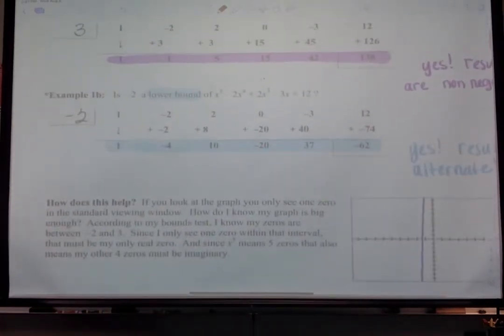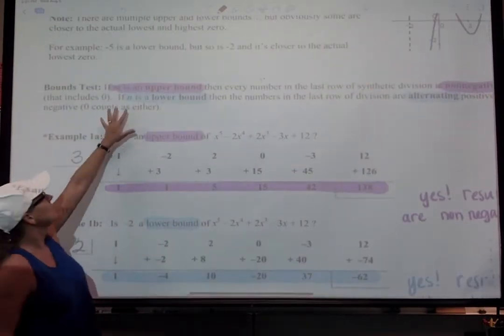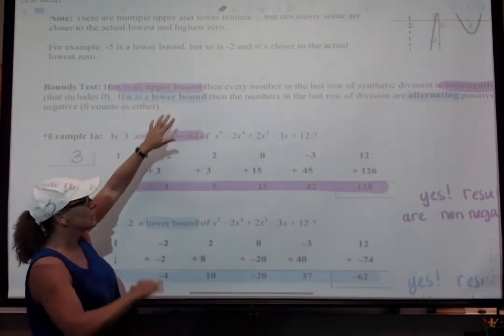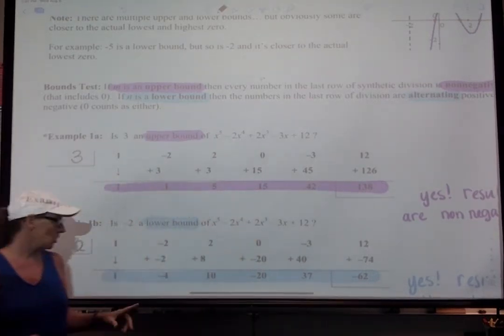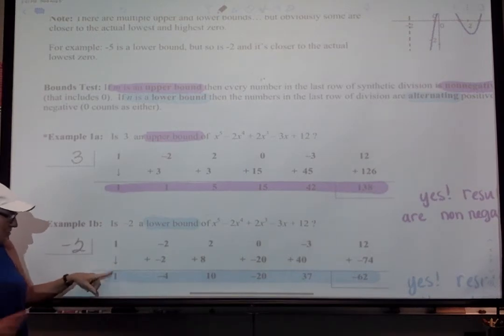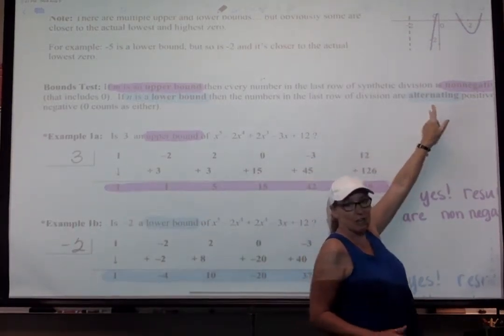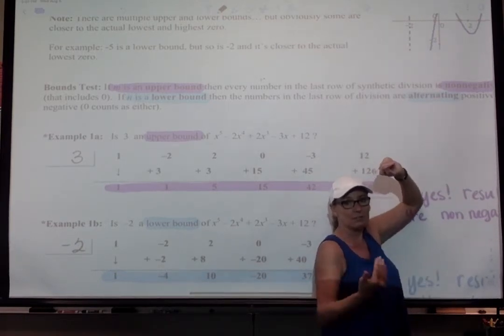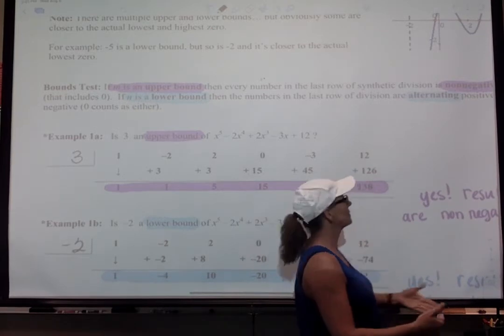All right? And I'm going to check -2 for a lower bound. And here's what my lower bound test says. Do your synthetic division and look at all of your results. However they start, whether they start positive or negative, check to make sure that they alternate back and forth. Positive, negative, positive, negative. Or if they start negative, negative, positive, negative, positive.